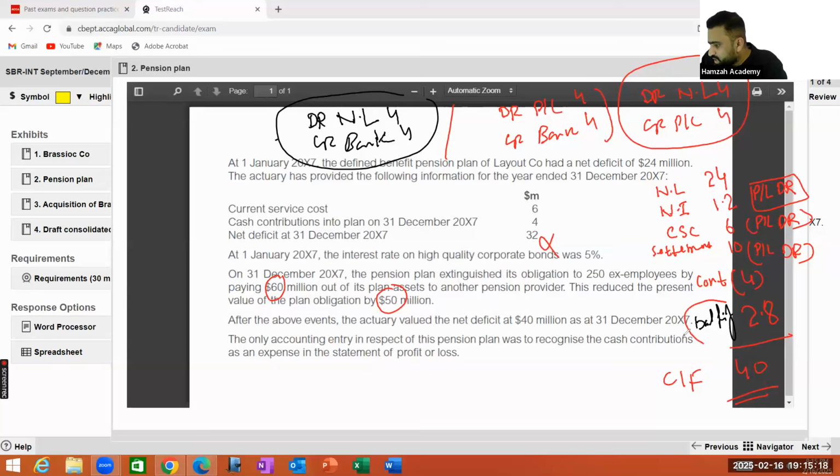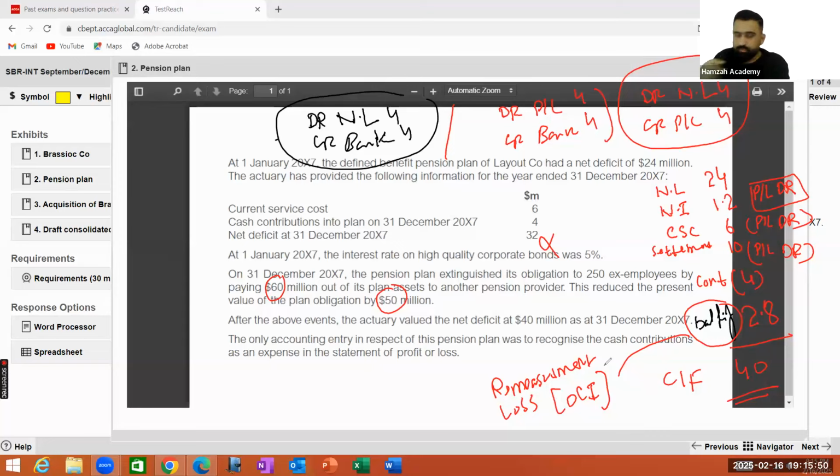And this 2.8 million is basically a remeasurement loss. And it will be recognized in other comprehensive income. So you will show this calculation and you will discuss the treatment of the defined benefit plan.